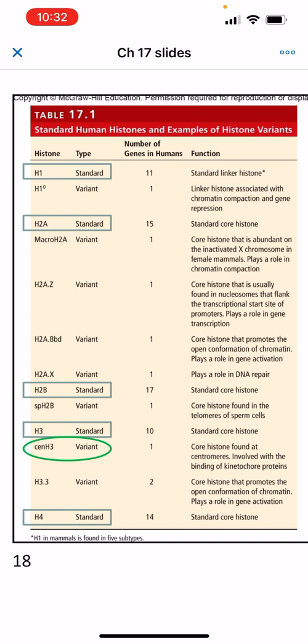This is a histone that helps promote a more open conformation of the chromatin. And you'll find this particular H3 at genes that are expressed. Okay, so this is what we're talking about when we're talking about replacement of histones with different histones. At expressed genes, often you're going to find H3.3 instead of H3.